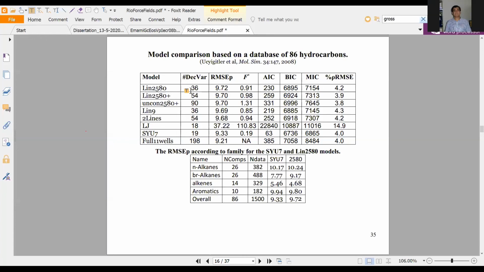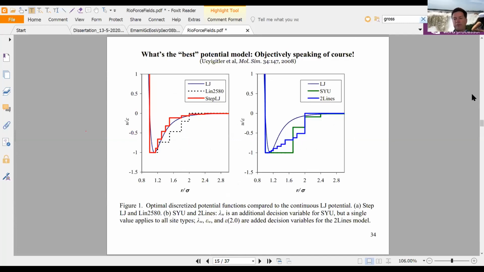Okay, so Yukawa means it's a hard sphere plus Yukawa. Because we have double Yukawa, maybe it's better than single Yukawa. Okay, well, understood. Step Yukawa has a square well plus the Yukawa after that. First we have a square well, then we have a Yukawa decay after that.